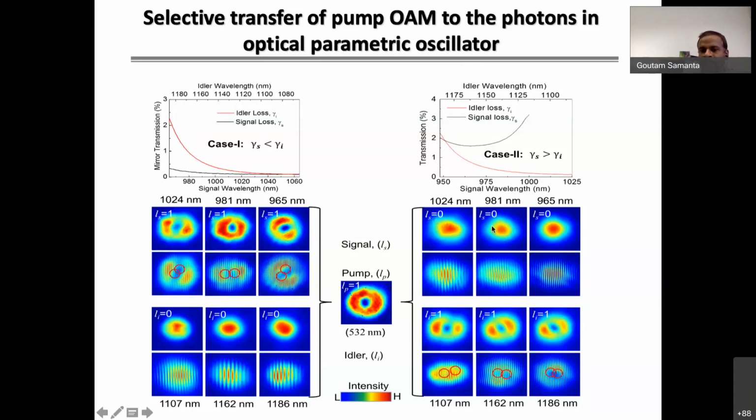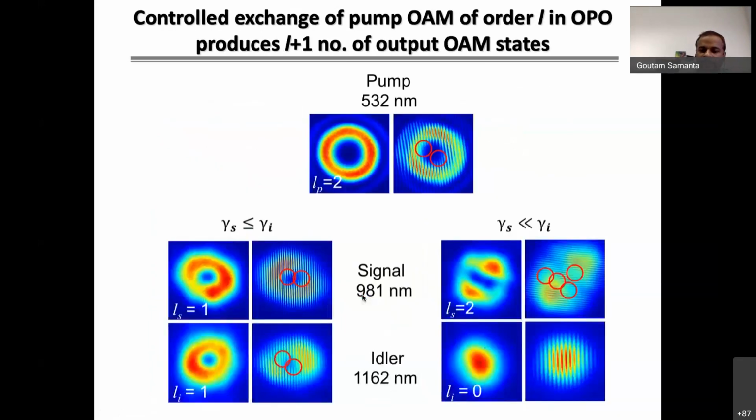Initially the signal was carrying OAM; now the signal is carrying a Gaussian mode and the idler is carrying the OAM. So from a fixed input OAM mode, we can switch to either of these beams depending on the loss. If you modulate the loss selectively, you can switch OAM modes from the cavity.